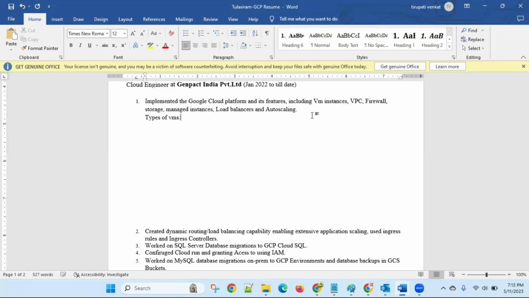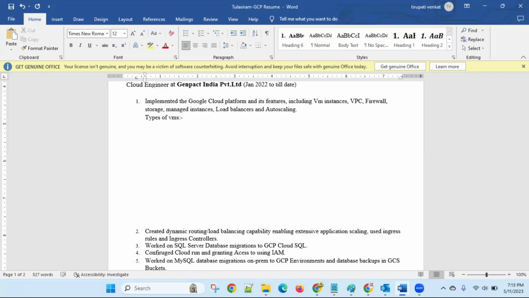You can make it like this. Put in your answers. What types of VMs? We'll discuss later, I'm just saying. First question: what types of VMs are there? So many types of VMs are there. Like images, machine images are there.